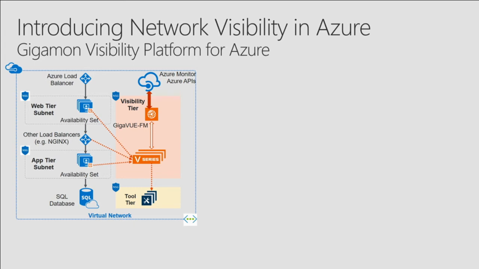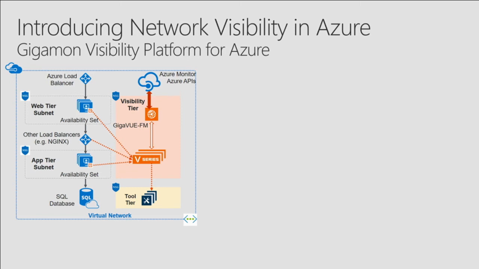Rather than installing an agent everywhere, why can't we just get it once, aggregate that traffic in the visibility tier, and then make sure that all the tools that need it get it. Think of it as a fire hose of traffic coming from your application, and you want to make it into a faucet for each of these tools so they can inspect what they need.